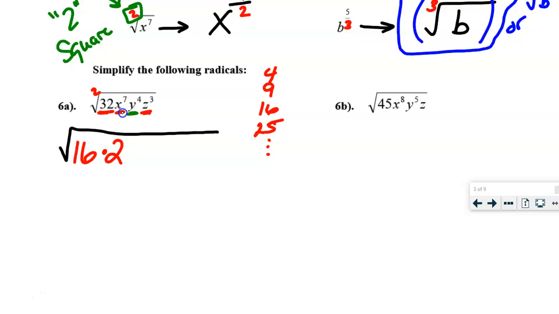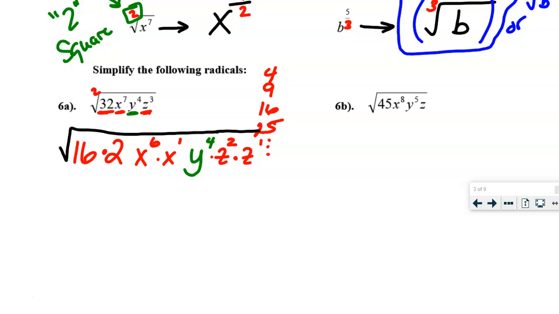And then x to the 7th, I'm going to break down as x to the 6th times x to the 1st. So that way I can partially reduce the x to the 6th with a 1 left over. We decided y to the 4th was good, so I'm just going to leave it. And then z to the 3rd, I'm going to break down again like I did with the x's, but this time it's going to be z squared times z to the 1st.